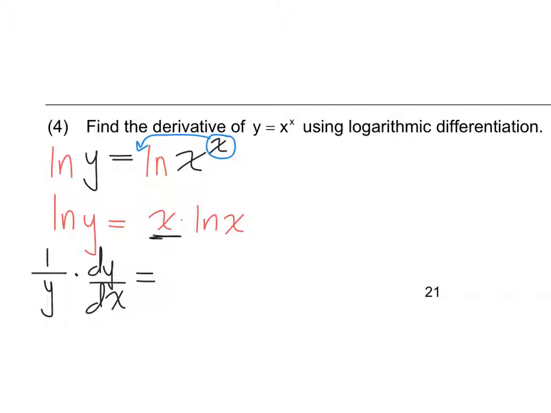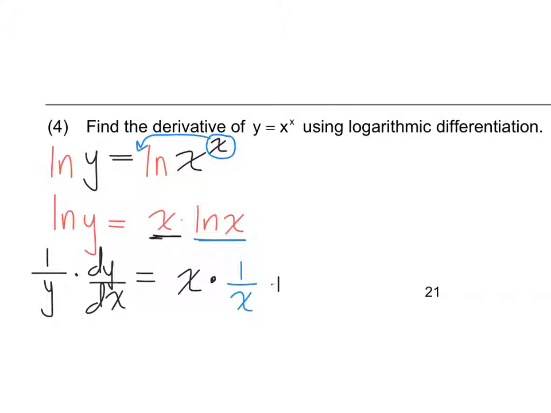On the right-hand side, I have to apply that product rule. First function, x, multiplied by the derivative of the second. What's the derivative of the second function? 1 over x.